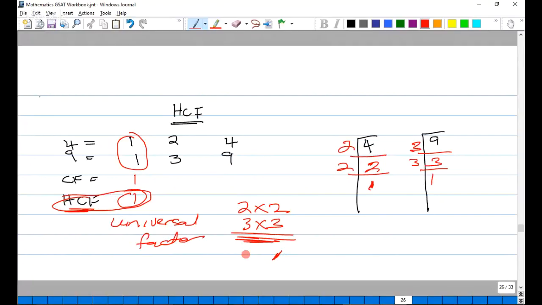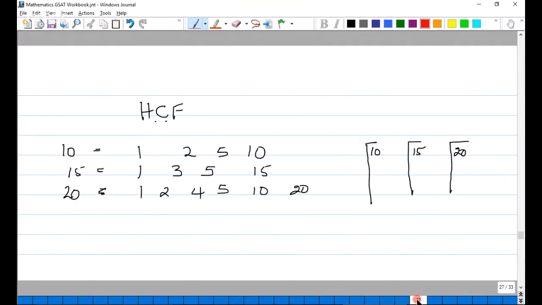Let's move on to number 4: 10, 15, and 20. Factors of 10: 1, 2, 5, and 10. Factors of 15: 1, 3, 5, and 15. Factors of 20: 1, 2, 4, 5, 10, and 20. Let's identify things that are common. Of course, 1 is common because it's a universal factor. Is 2 common?